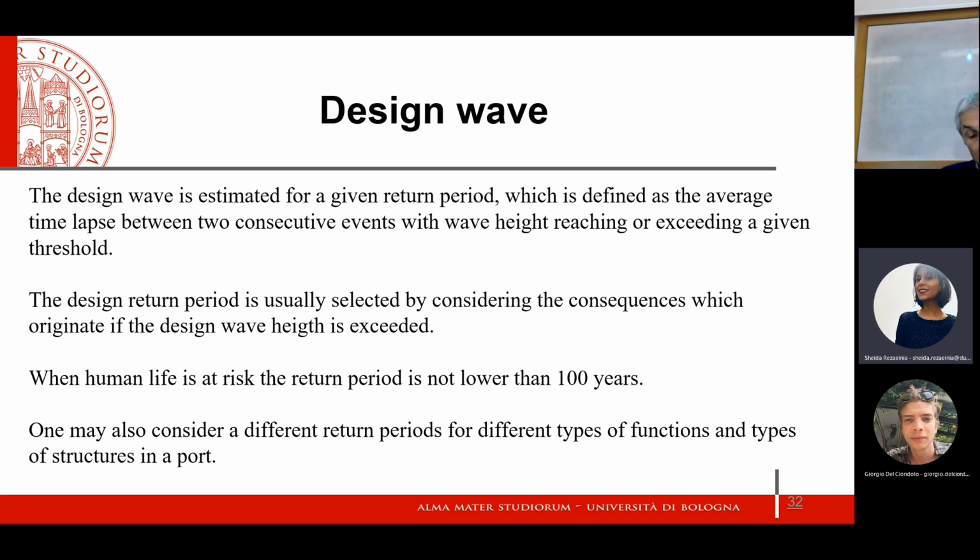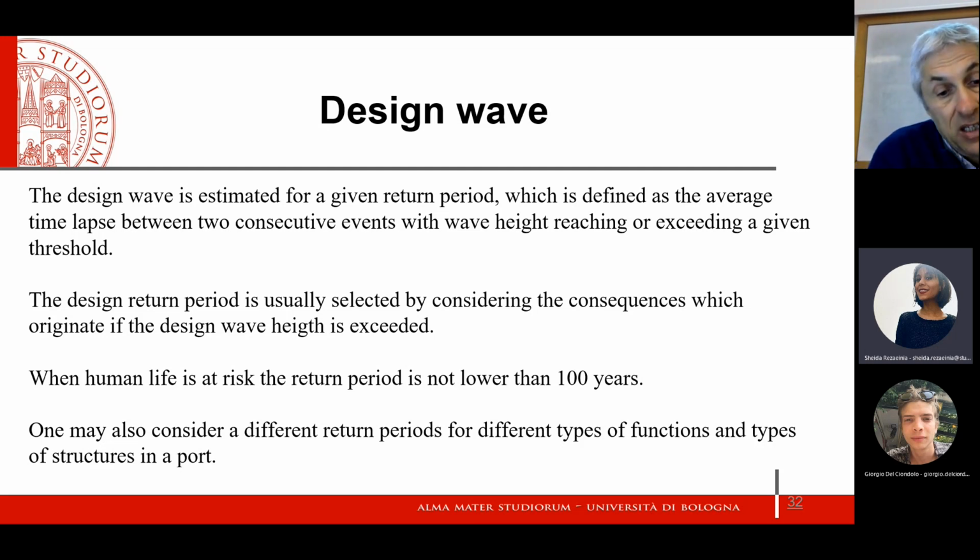And this brings us to easily understand that when the human life is threatened, then the return period must increase. If we are talking only of an economic damage, then we can accept more flexibility in the definition of the return period.